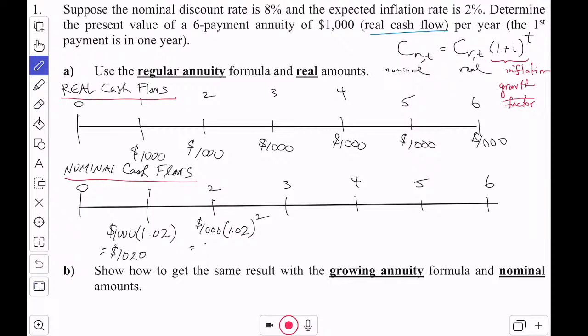So this is 1,040 and 40 cents. Okay, so a little bit more cash in your pocket if real cash flows stay the same and there's inflation. That's essentially what's happening. So I'll spell this all out.